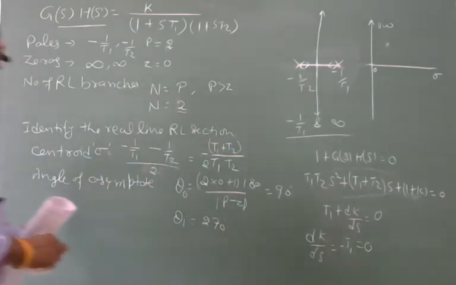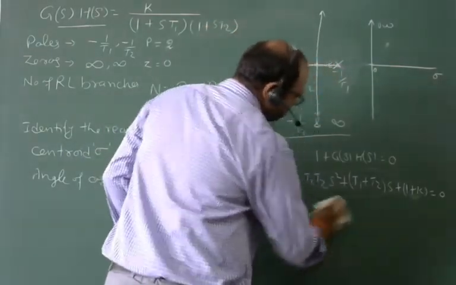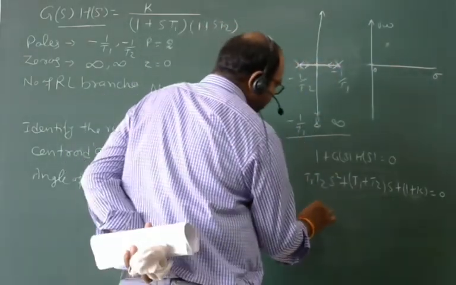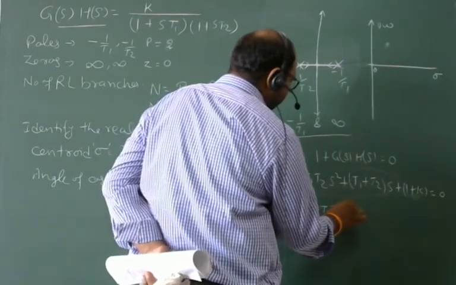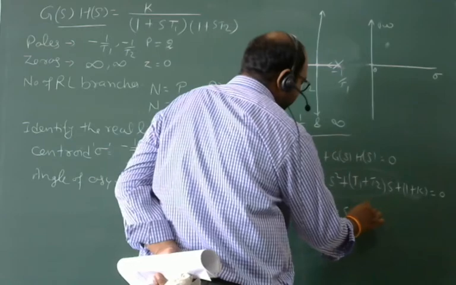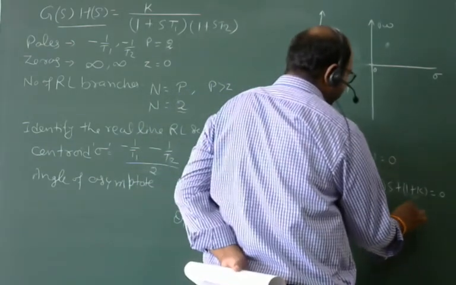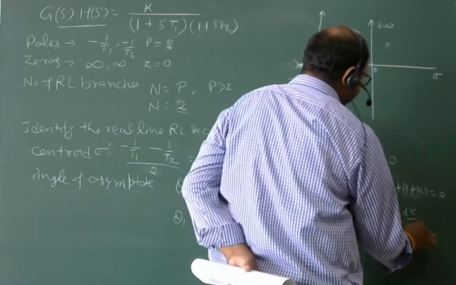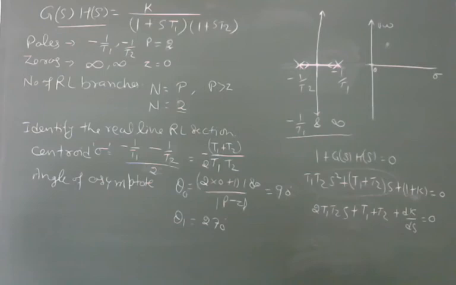And what will be dk by ds? From here I am having 2 T1 T2 s plus T1 plus T2 plus dk by ds is equal to 0.